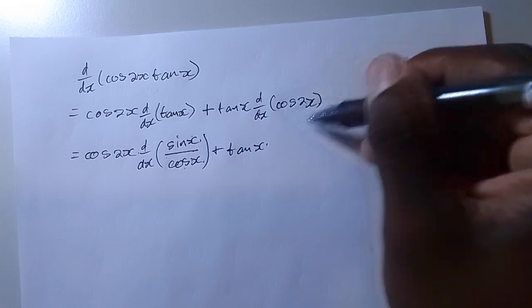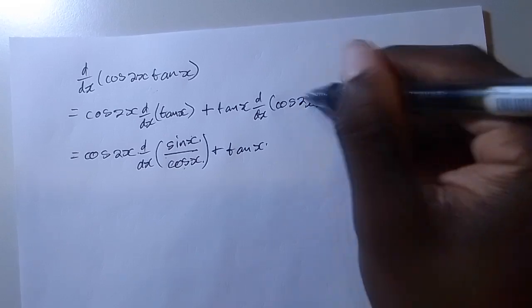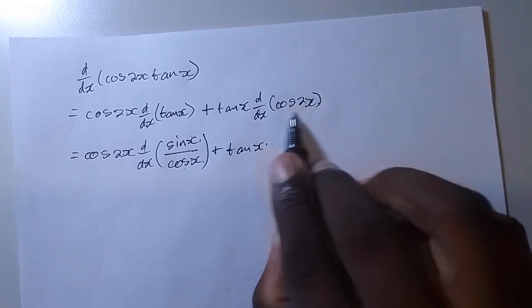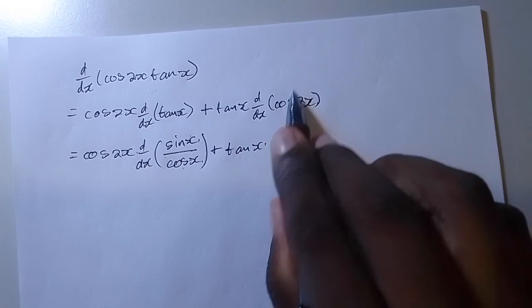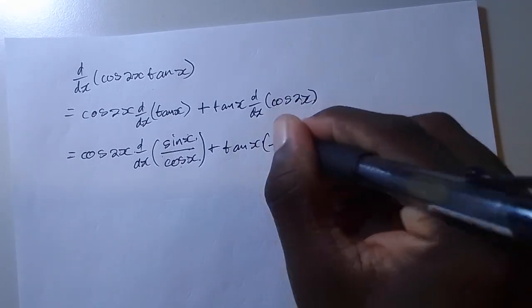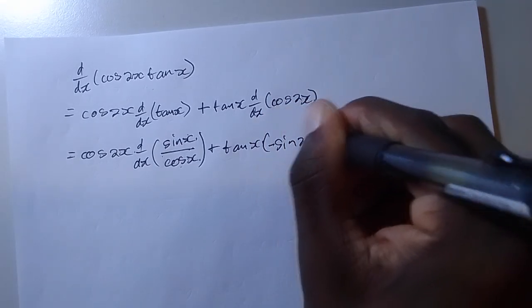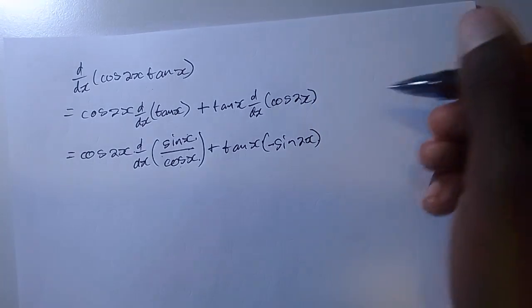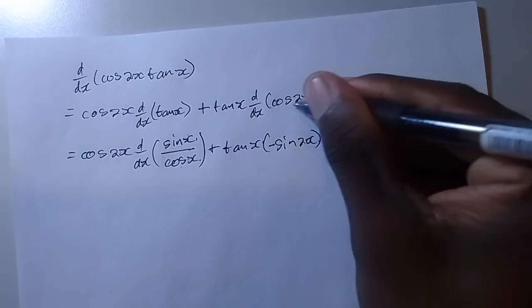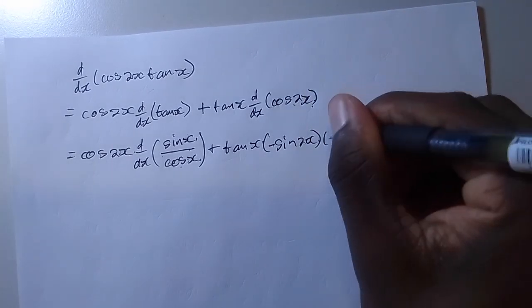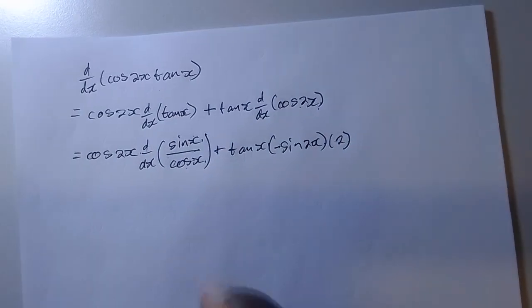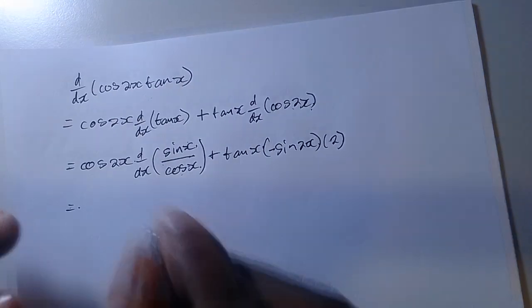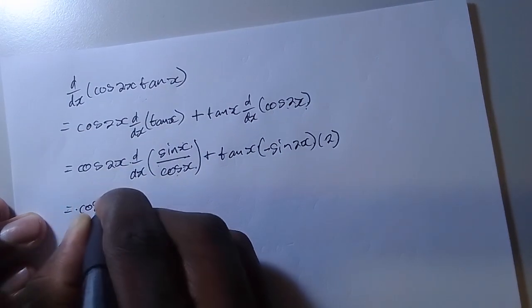Now we need to differentiate this. To differentiate this, we'd have to differentiate the outside function, which is cos of something. So that's negative sine 2x. And then we'd have to differentiate the inside function, which is 2x. And the derivative of that is just 2. Right. Now we have cos 2x.